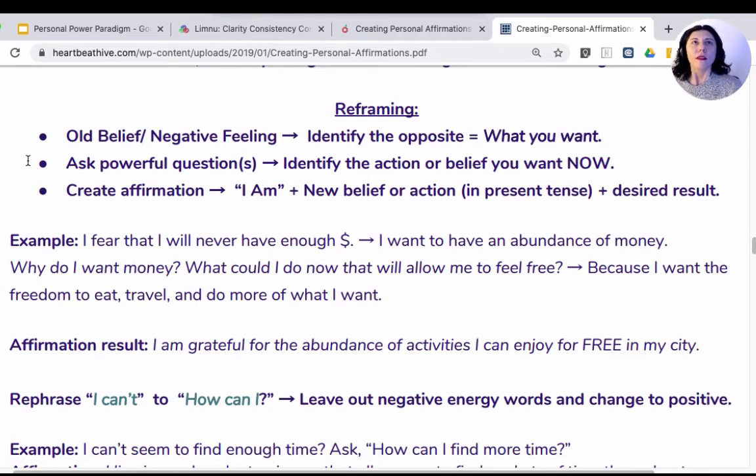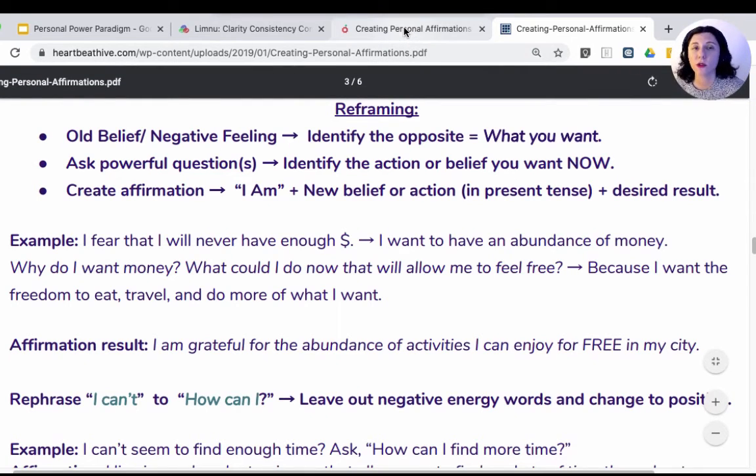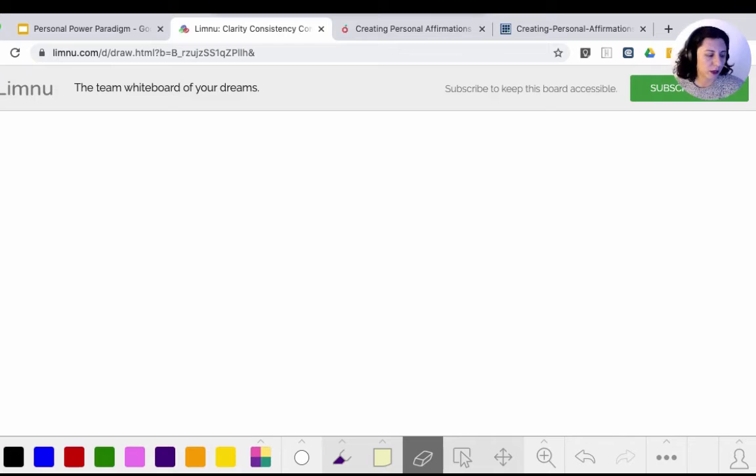So the statement would be, I am open to improving my math skills. That is an example of how you could change and reframe an old belief into something new and step yourself up.